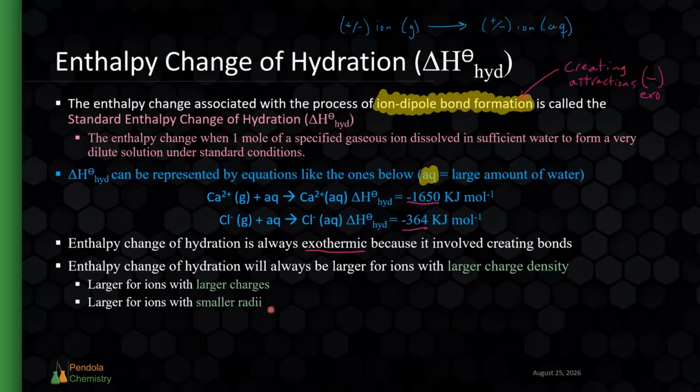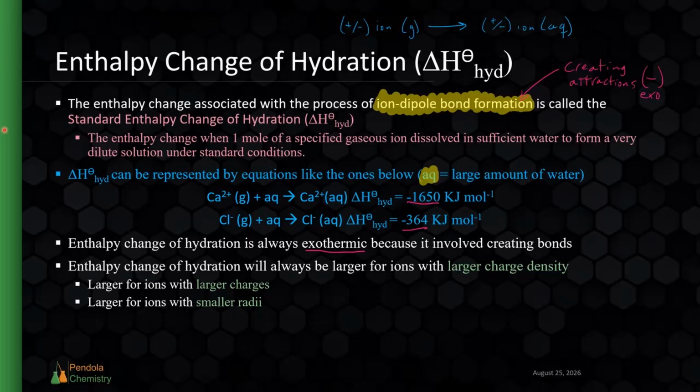So same exact things that always affect everything for ions: size and charge. Larger charges are going to have larger charge densities and therefore larger enthalpy changes of hydration. Smaller ions with smaller radius are going to have higher charge densities and therefore higher enthalpy changes of hydration.